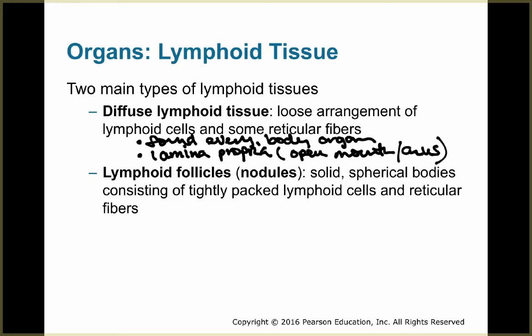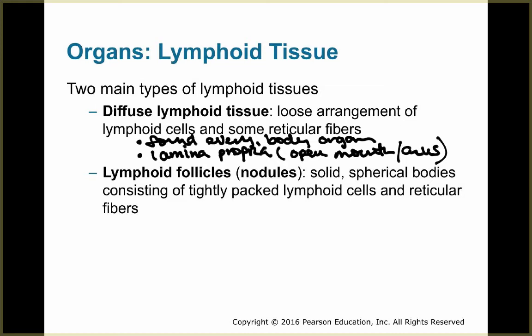Then you have what's known as lymphoid follicles or nodules. These are solid spherical bodies consisting of tightly packed lymphoid cells and reticular fibers. These have germinal centers for B cells, basically where they're proliferating.